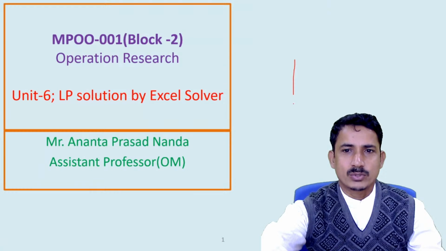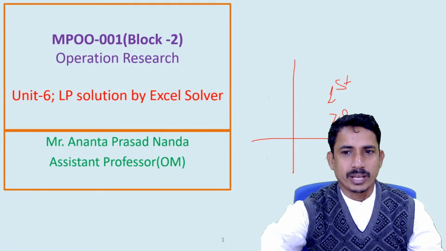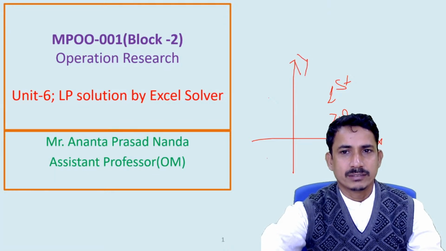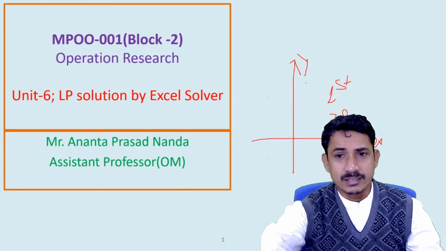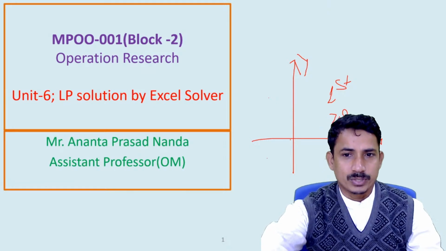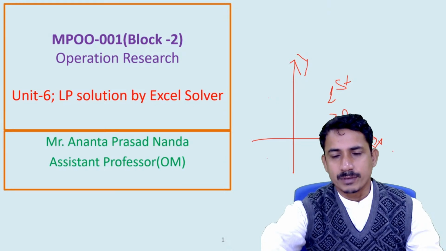In the graphic method, you take the coordinate axis and you consider the first quadrant. This is the first quadrant, this the second, this the third, this the fourth. In the first quadrant, all the values of the variables, whether x or y, are positive as well as 0. 0 means the origin, and here both sides of the x and y axis are positive.